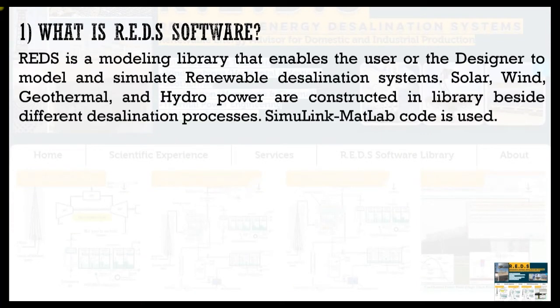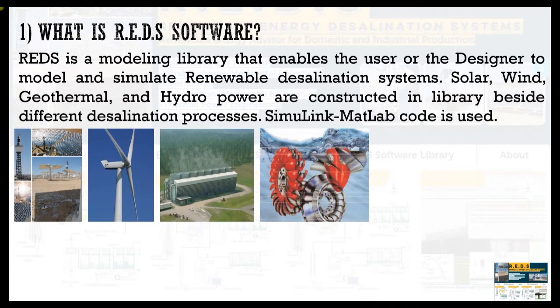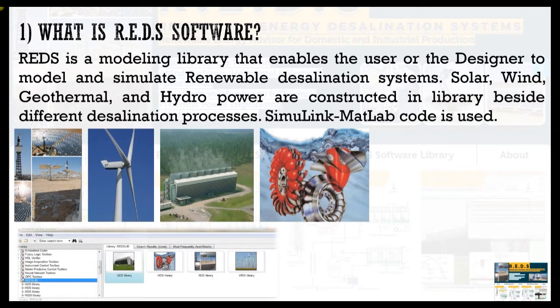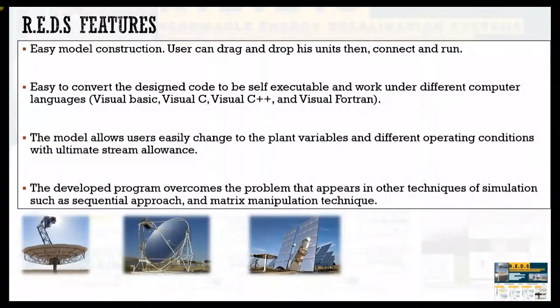First of all, R.E.D.S library is a modeling library that enables users or designers to model and simulate renewable desalination systems: solar, wind, geothermal, or even hydropower and conventional power. All of such energy resources are constructed in a library beside different desalination processes, and with the same link MATLAB code can be used.